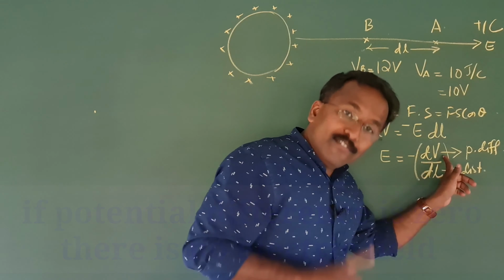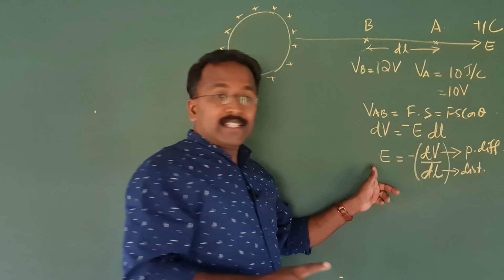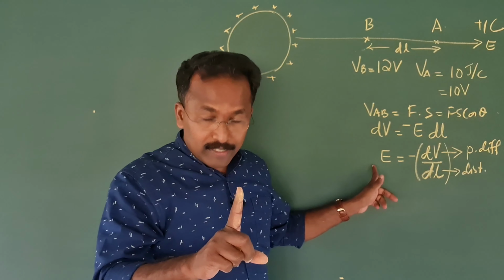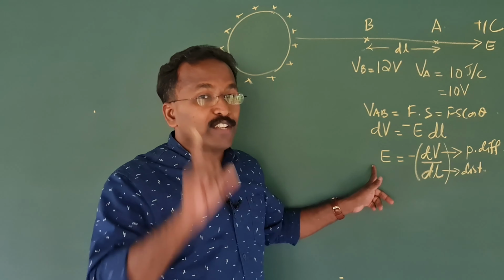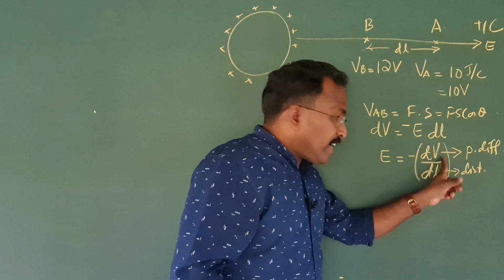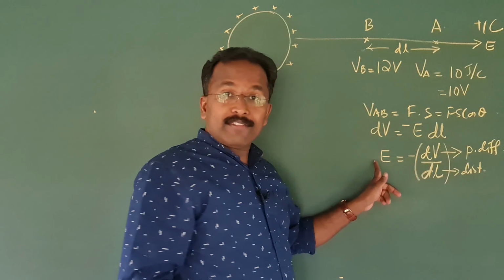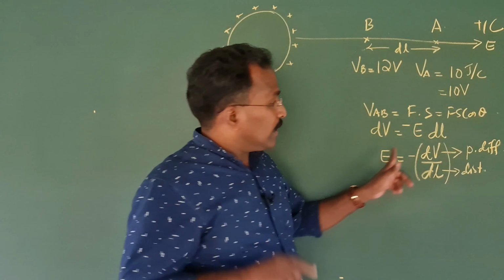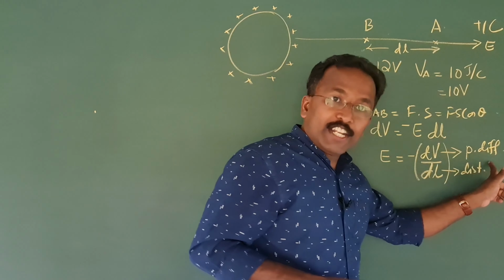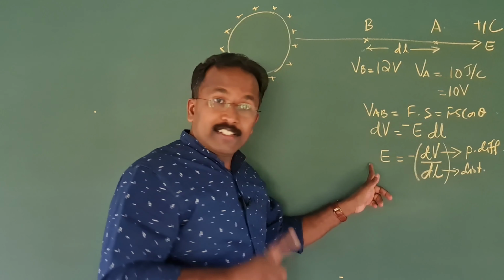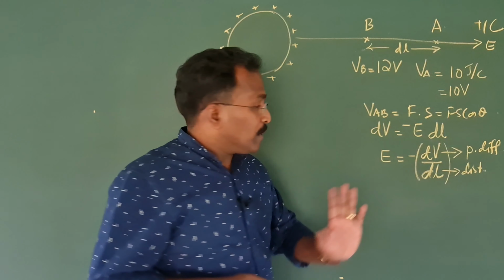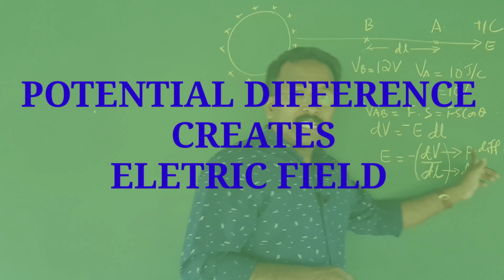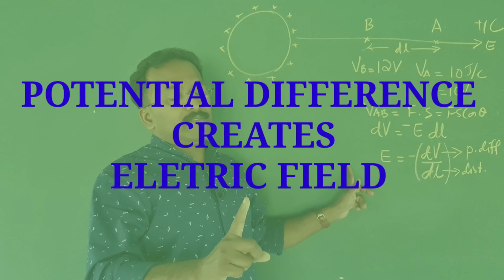If dV has a value, E has a value. That is, we are into the most interesting or the most important idea of this chapter. If dV has a value, E has a value. Means whenever there is a potential difference, electric field is created. Have you got that idea? That is, potential difference creates electric field.